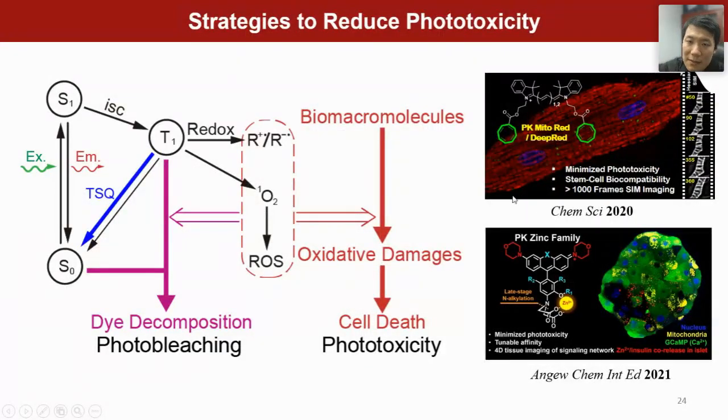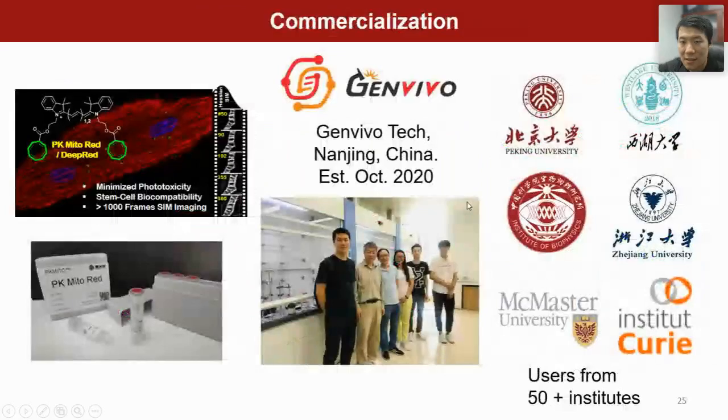Okay, so basically I told you one story on how we use triplet state quenchers to eliminate phototoxicity, and how we use other molecular engineering strategies to reduce phototoxicity, and altogether our reagents can be used in combination to give you multicolor imaging.